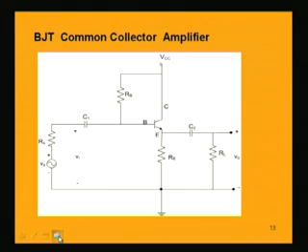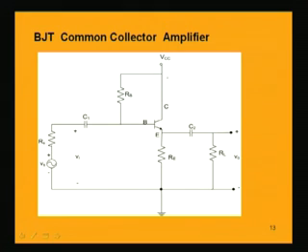First of all, let us discuss the circuit of a common collector amplifier having a biasing resistance Rb. This circuit looks familiar from the common emitter amplifier, but the only thing is that here the collector does not have any resistance Rc; it is directly connected to the source Vcc, that is the biasing source, and the voltage is obtained across the resistance Re which is connected to the emitter.